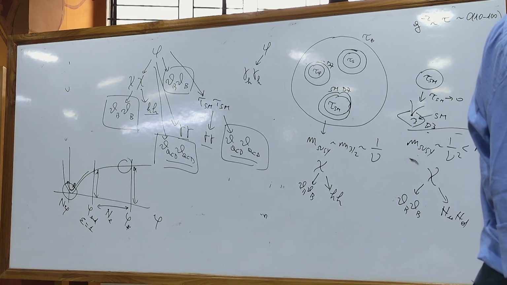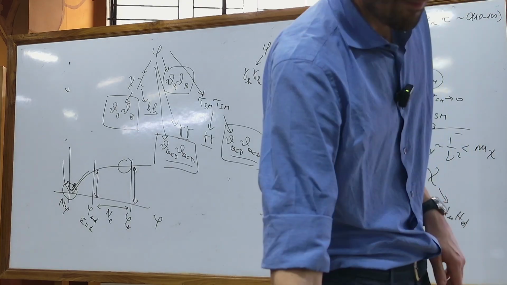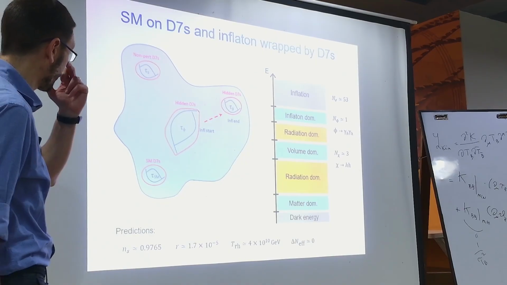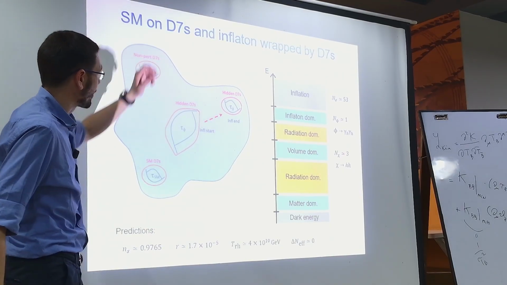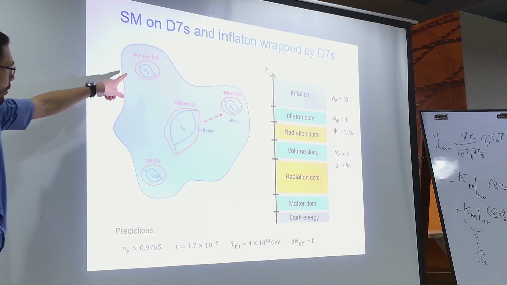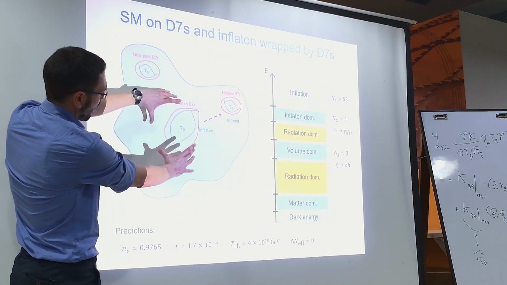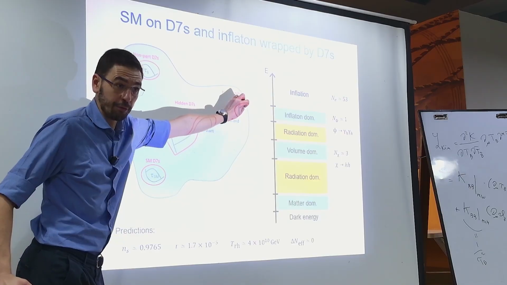Okay, just a few simple slides left over where there are pictures and results. So now you apply this general study to all the possible situations. Let's consider a situation where the standard model is on the 7 branes and the inflaton is wrapped by hidden sector D7 branes. At the beginning of inflation, tau phi is big, then it becomes small.